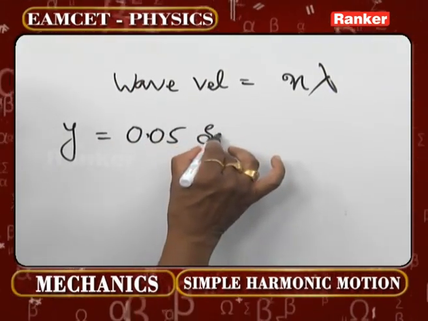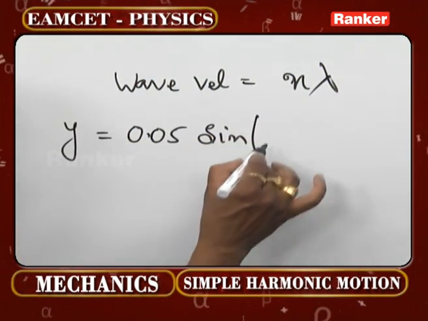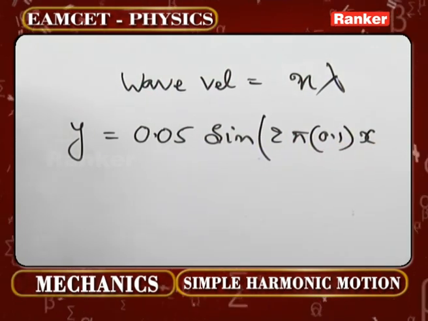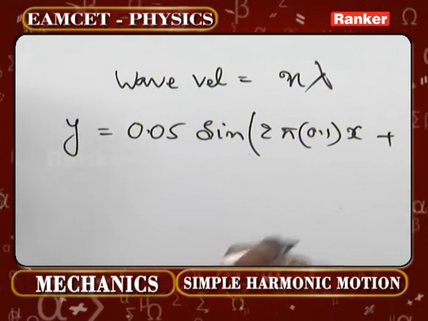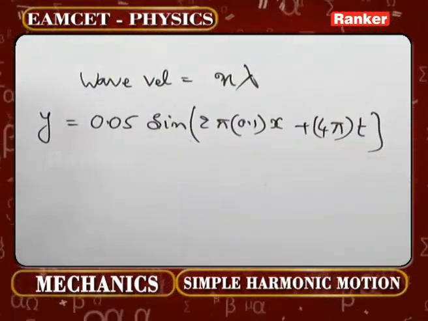0.05 becomes the amplitude. Sine, multiply the whole thing by 2 pi: 2 pi into 0.1 into x, that is what has been given, plus 2 into 2 pi, that is 4 pi into t. This is the given equation.